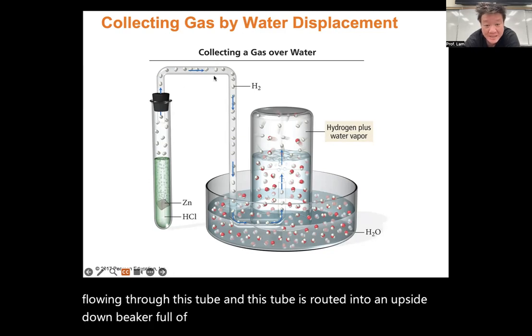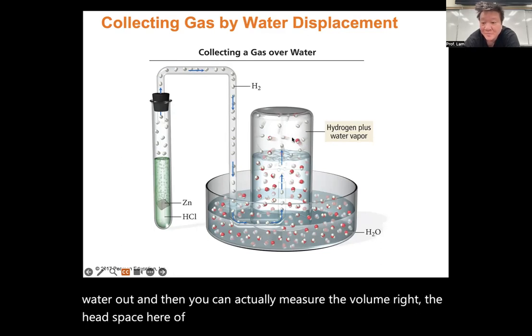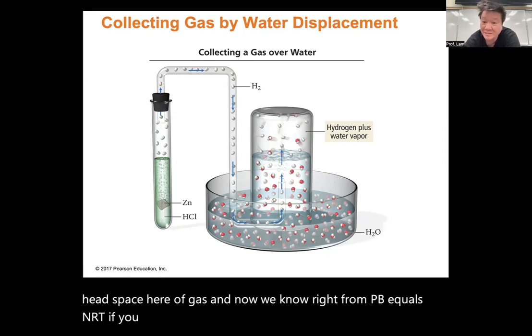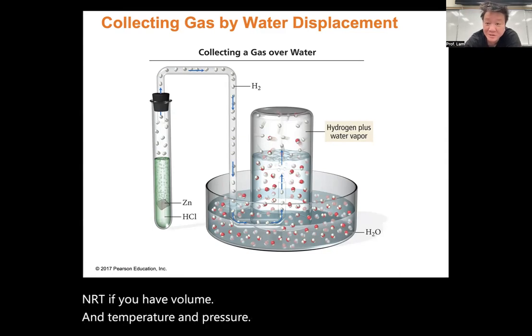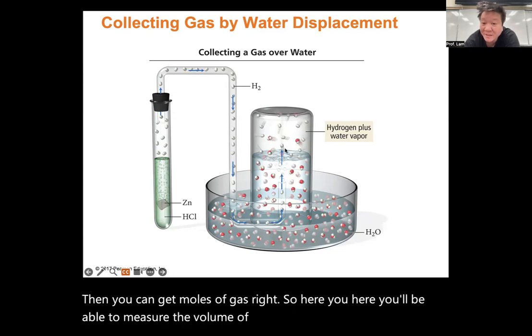The gas displaces the water, and then you can measure the volume of the headspace of gas. From PV equals nRT, if you have volume, temperature and pressure, then you can get moles of gas.